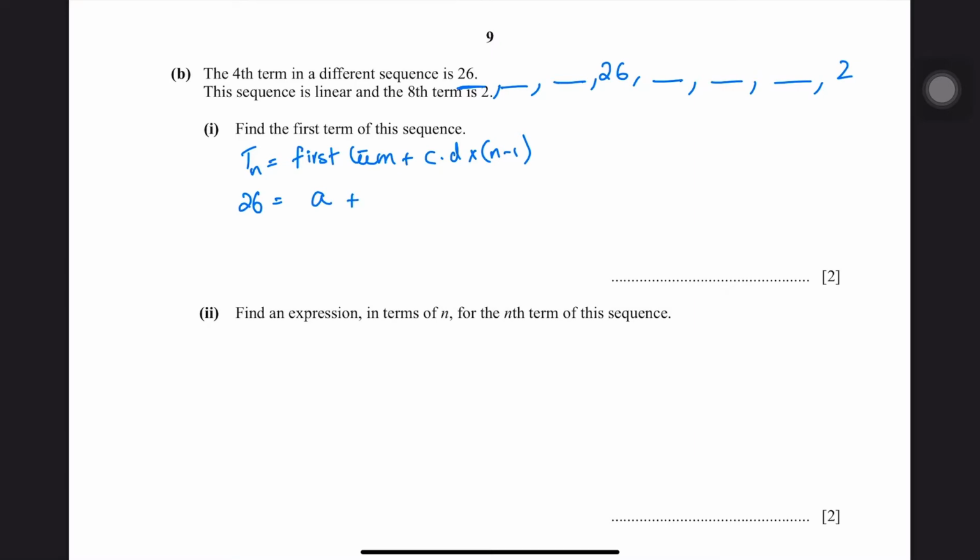First term is called A, the common difference is called D. This is the fourth term, so I insert 4 here. So I have a simultaneous equation. Then I can say that this is the eighth term, so D times 8 minus 1. That's A plus 7D. And I can solve these two simultaneously and find the first term.